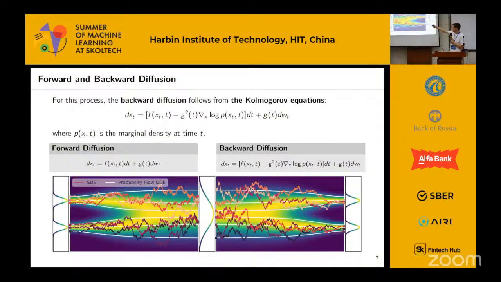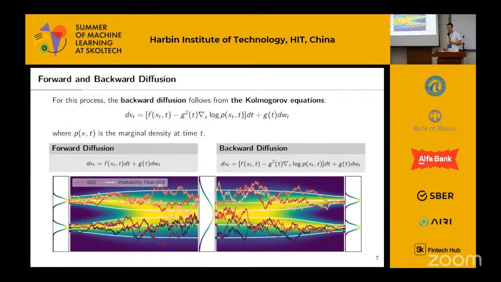Roughly speaking, what does it show? The forward diffusion shows the evolution of the point xt in forward time, when the time flows forward from 0 to some particular time moment capital T. The question is how this evolution can be described in backward time, when the time flows from capital T to 0.